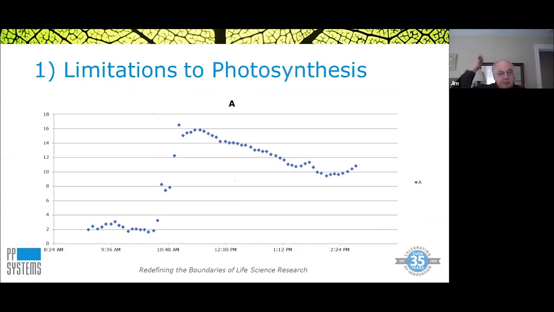First, talking about limitations of photosynthesis through the day. This is a diurnal curve of leaf photosynthesis. It starts out in the morning fairly cloudy, then the sun comes up and the rate bounces up, but then it has a slow, continuous decrease for many hours during the day. So the question is, what's causing this decrease over time?